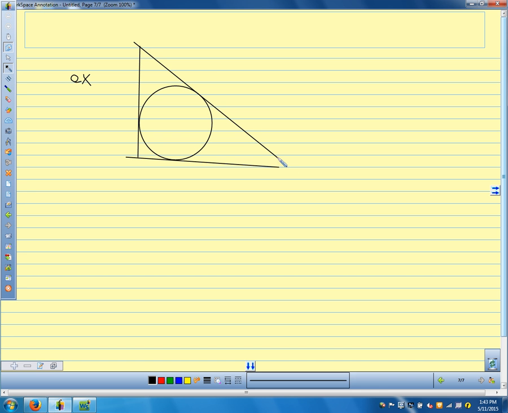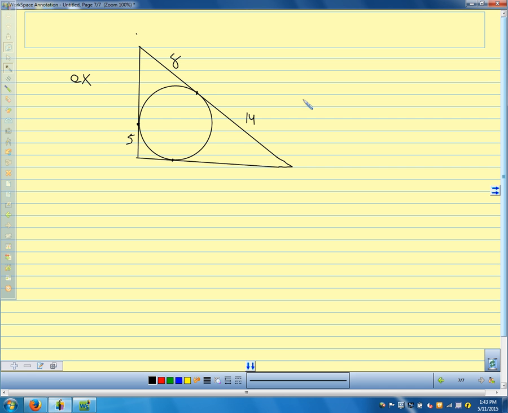And I need to connect this, this. And we know this is 14, this is 8, and this piece is 5.